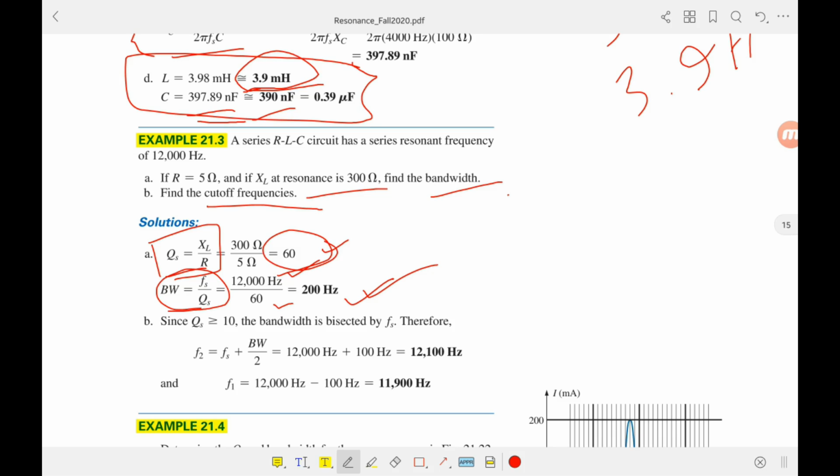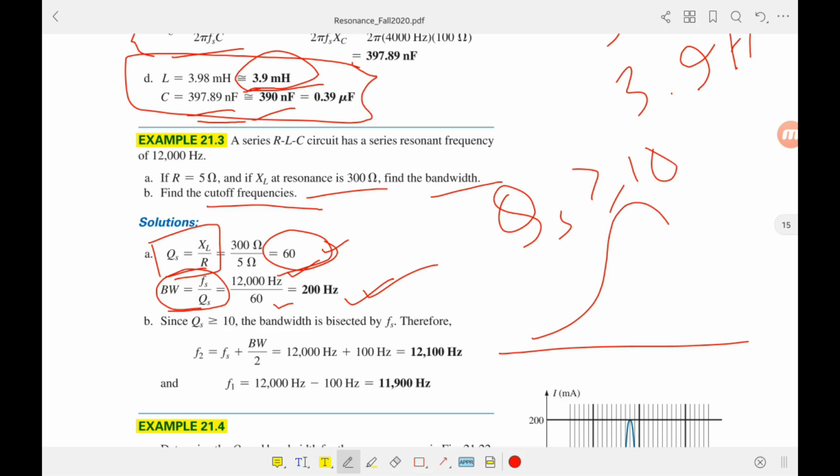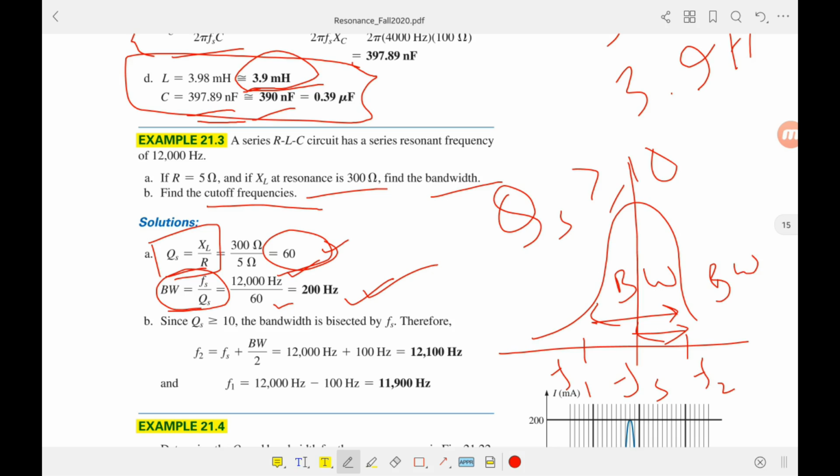Previously I mentioned that if Qs is greater than or equal to 10, then we can approximate it as symmetric, that means Fs is the mid value of F1 and F2. Since this is the mid value and this is the bandwidth, this portion will be the bandwidth divided by 2, since this is symmetric.